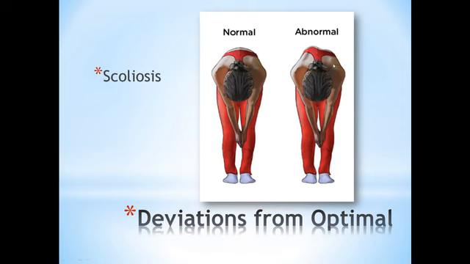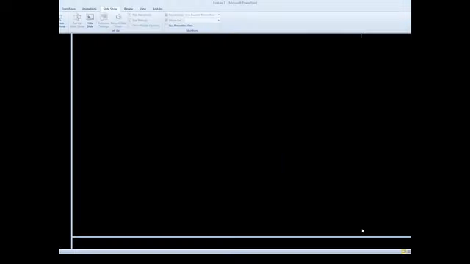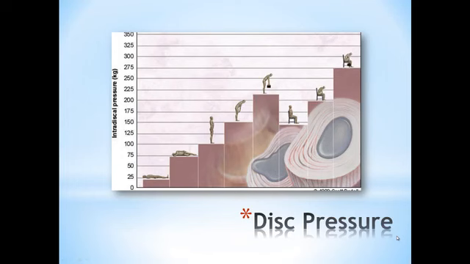So those are the things that we need to look at even just screening for scoliosis in our adolescent population, and that is, as we have them lean forward, are we seeing that asymmetry occurring?